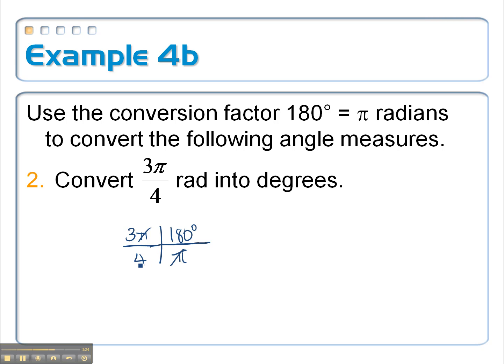I could go ahead and divide by 4 right now because I know that 4 goes into 180. Let's see, it goes in there 4 with 2 left over, so 45. 3 times 45 is 120 plus 15 is 135 degrees.